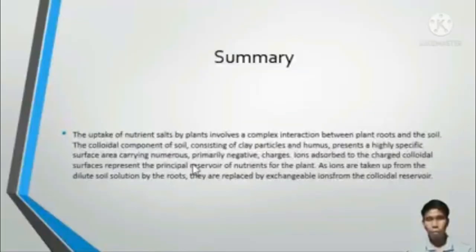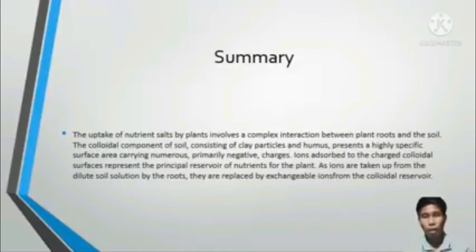Okay, summary. The uptake of nutrient salts by plants involves a complex interaction between plant roots and the soil. The colloidal components of soil, consisting of clay particles and humus, present a highly specific surface area carrying numerous primarily negative charges.